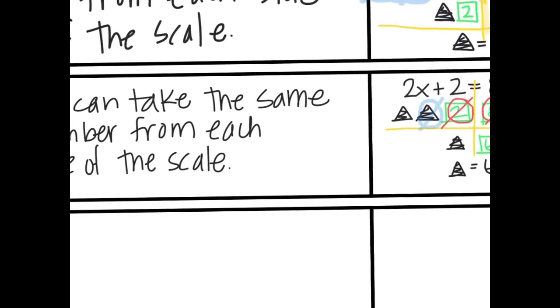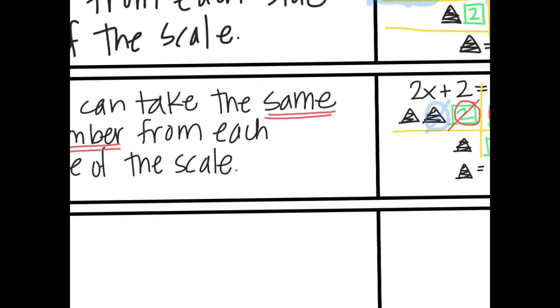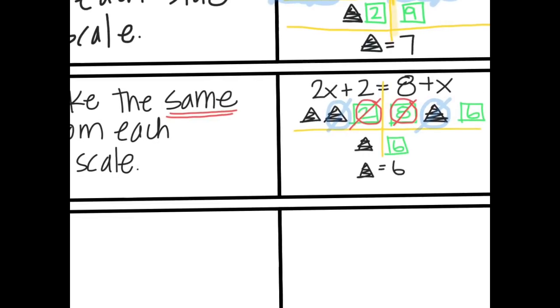So I'm going to go over here and I am going to either circle or underline or somehow show myself, maybe you can highlight if you've got highlighters at your table, that when I take away the same number, that's what we're talking about in legal move number 2, and that is represented here, underlined in red, because this work of taking away the same number from each side is done in red. That's like a note-taking skill where you're making a connection.